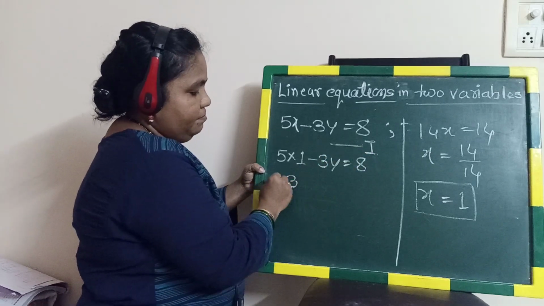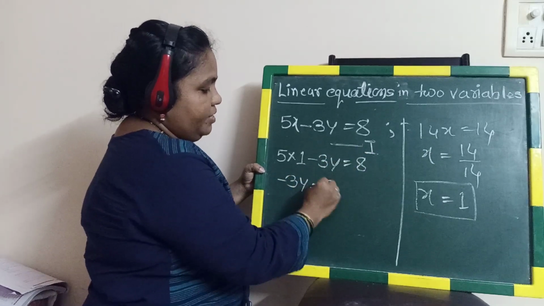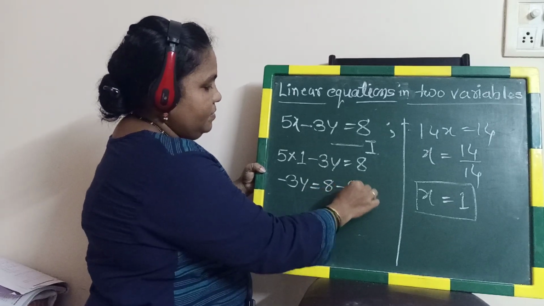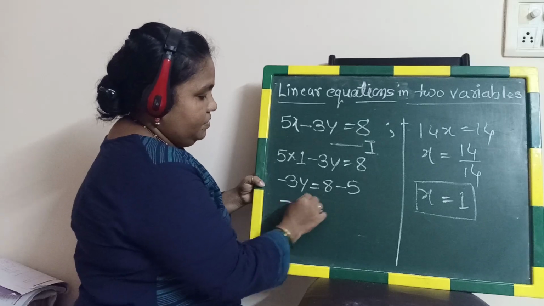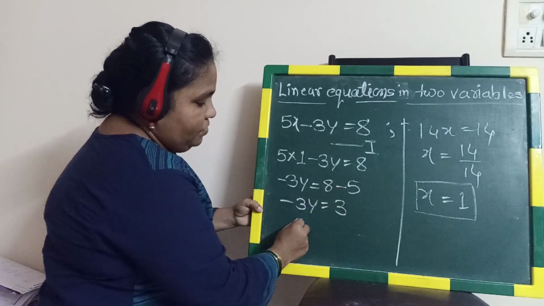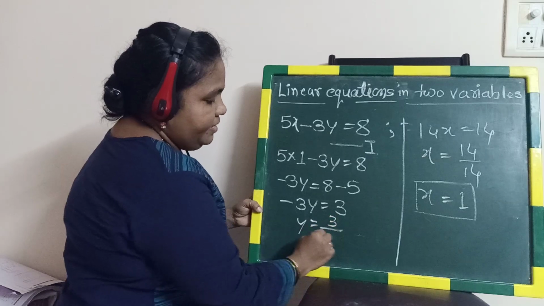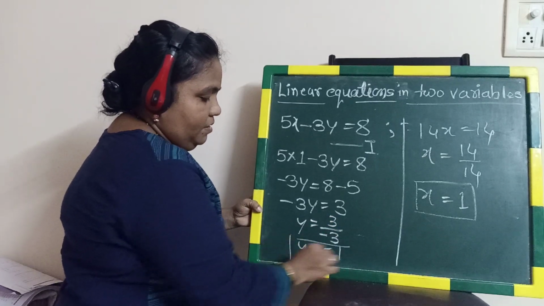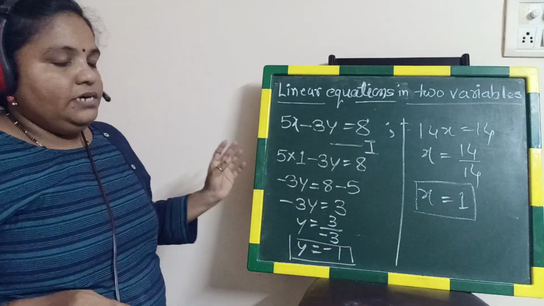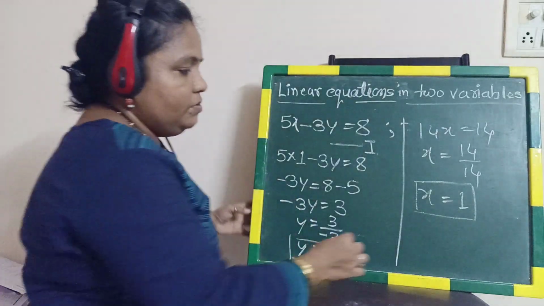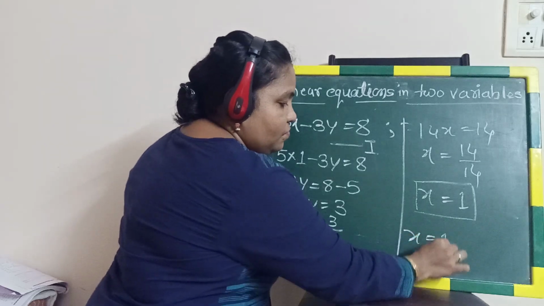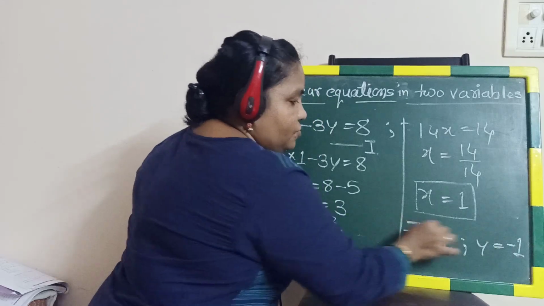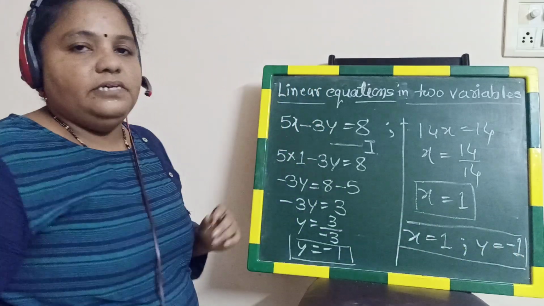So minus 3y is equal to 8 minus 5, so minus 3y is equal to 3. So y is equal to 3 divided by minus 3, and y is equal to minus 1. So in this way we get the values of both the variables: x is equal to 1 and y is equal to minus 1. This is the solution of these two simultaneous equations.